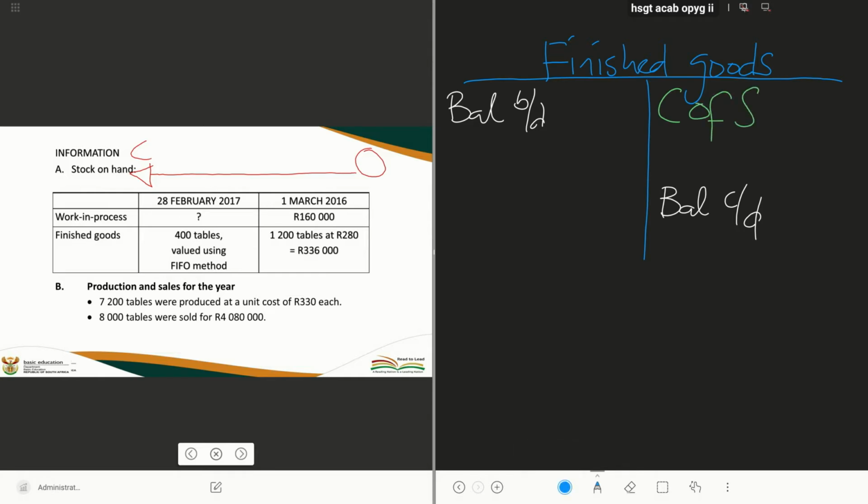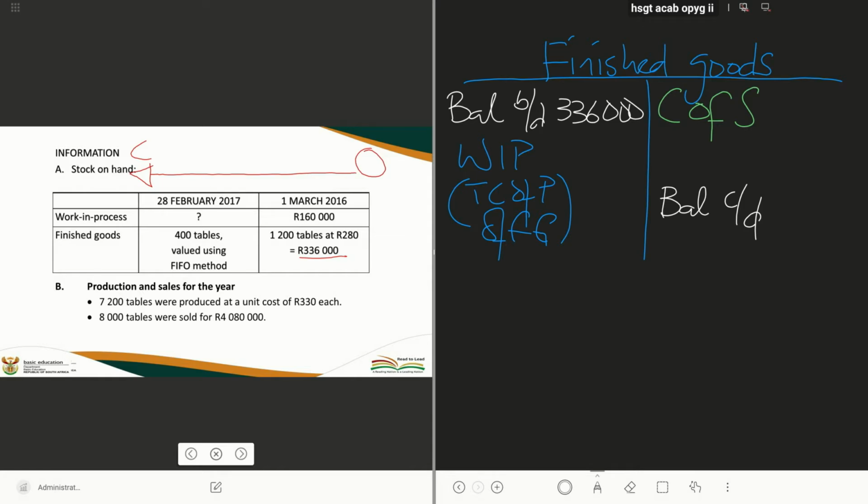Then here you will have your work in process, which is your total cost of production of finished goods. Don't forget that. So now, our finished goods, remember the love arrow, it says it's O, meaning the opening. Our finished goods were 336,000 at the beginning. I hope you are with me, my dear learners.